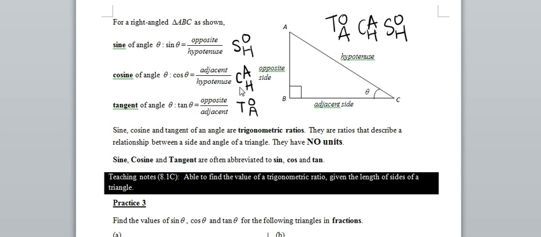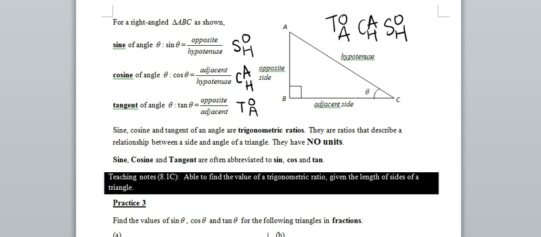And that's why we have CA over H. And last but not least, the tangent ratio. Tangent theta is given by opposite over adjacent. So TOA. In short, we will have the TOA, CAH, and SOH.